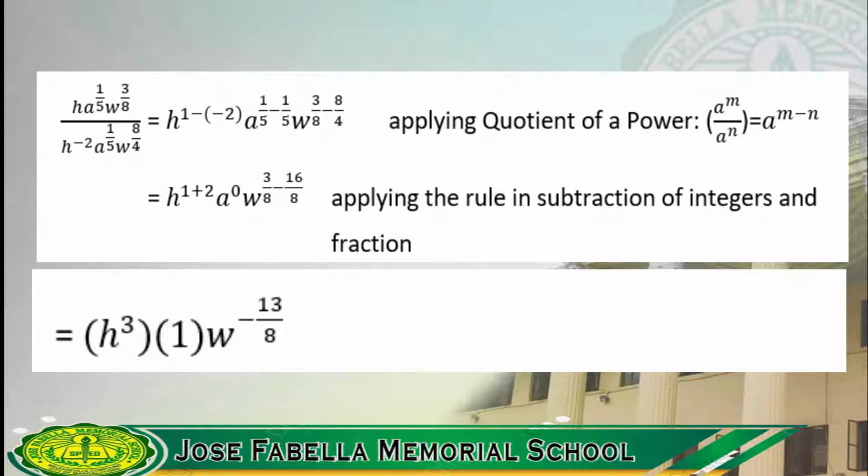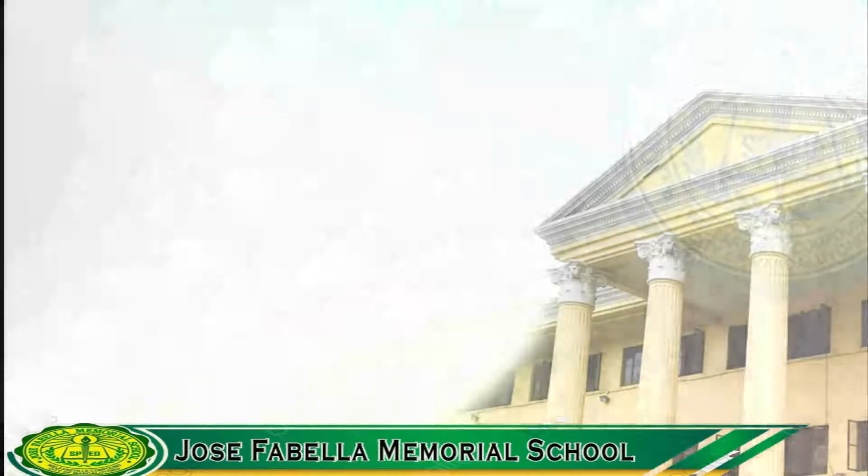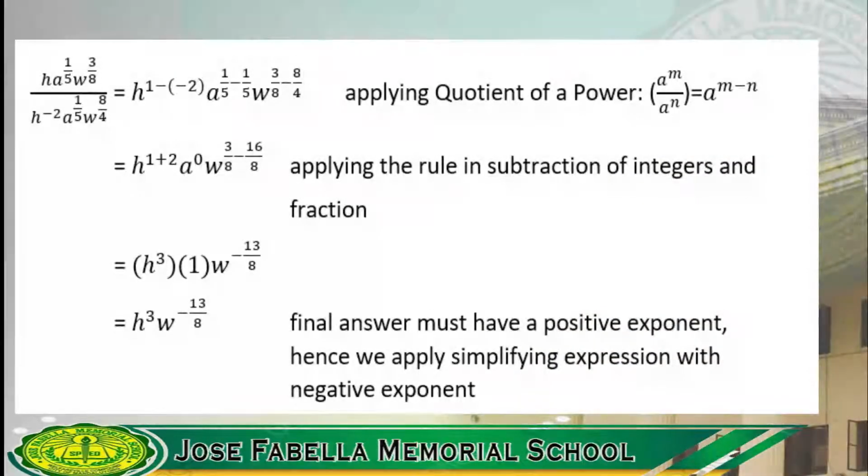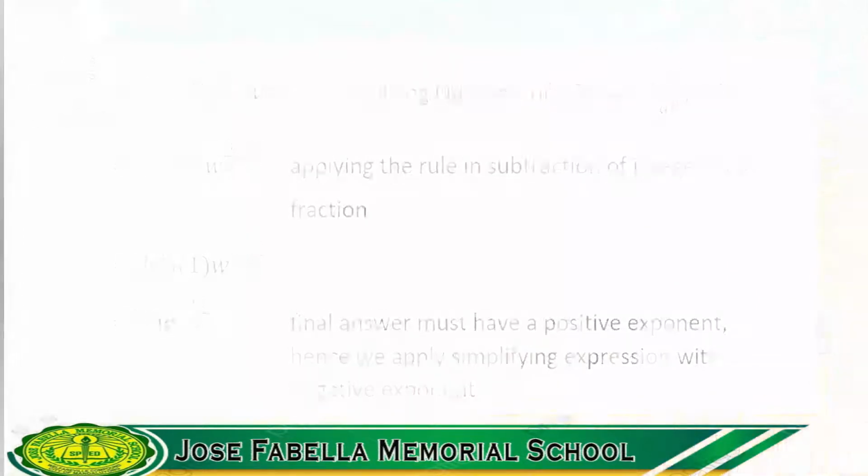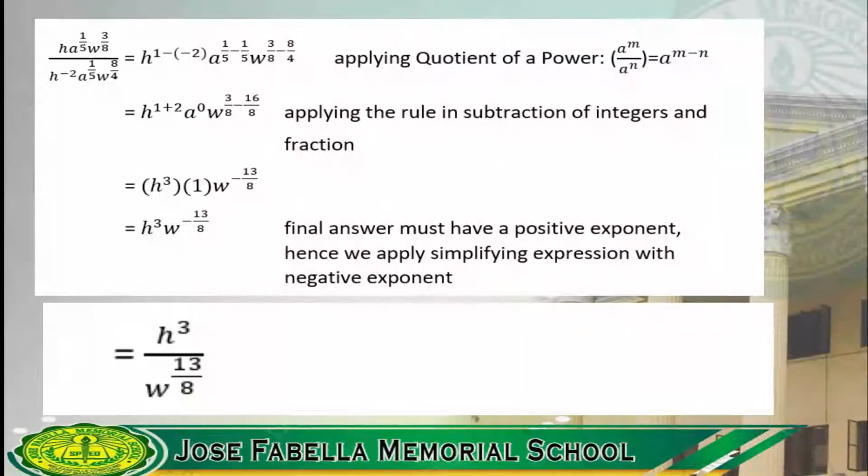Since any number raised to 0 is always equal to 1, w raised to negative 13 over 8. Final answer must have a positive exponent. Hence, we apply simplifying expression with negative exponent. The final answer is h cubed over w raised to 13 over 8.